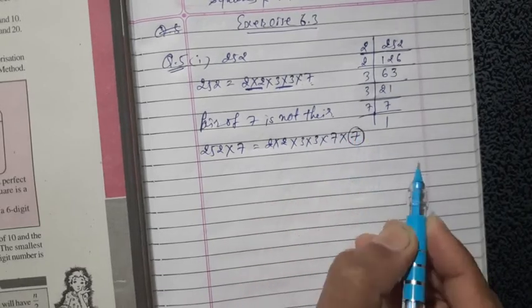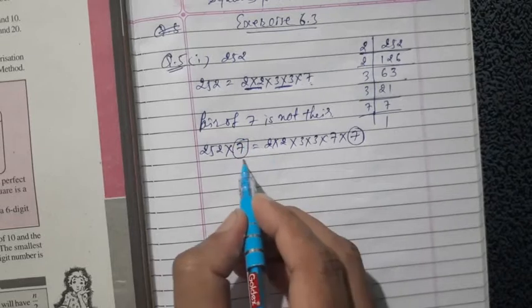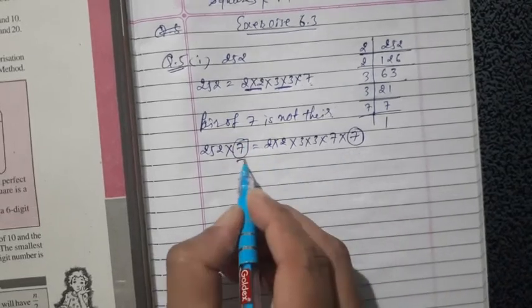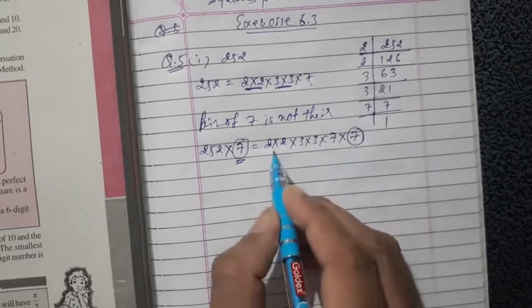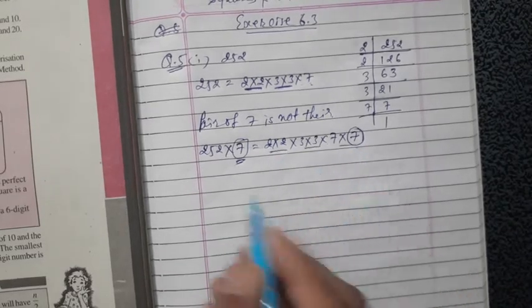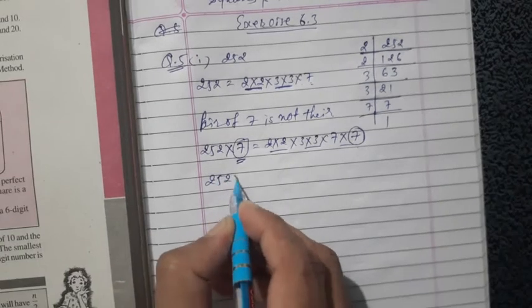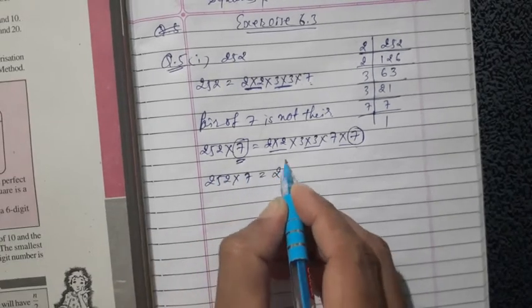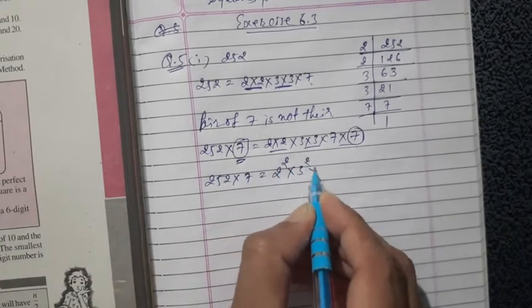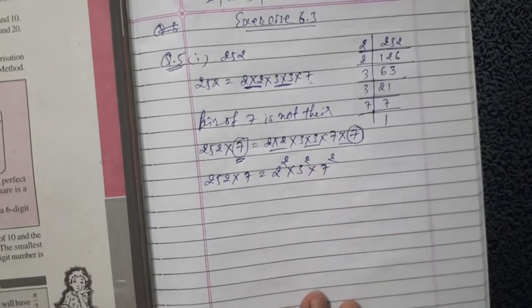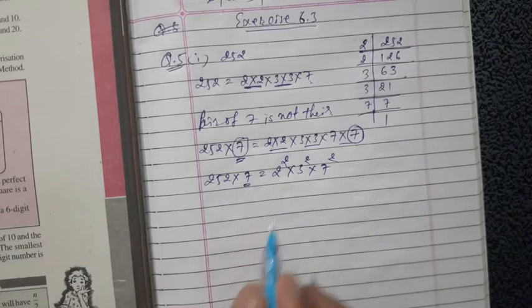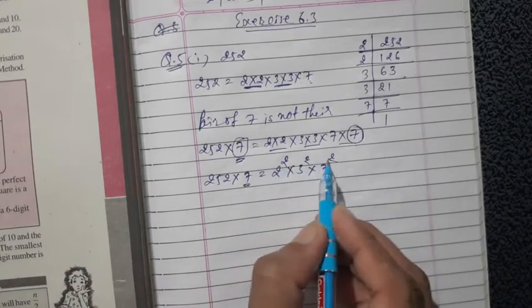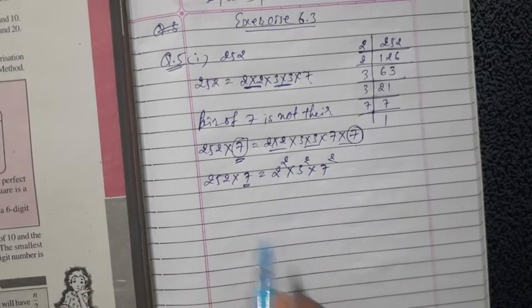You write that on both sides, because we multiply both sides with this number. Now 7 is in a pair, so 252 into 7 equal to 2 square, 3 square and 7 square, which means all are in square form. So we multiply with 7 to get a perfect square, because all factors have squares.